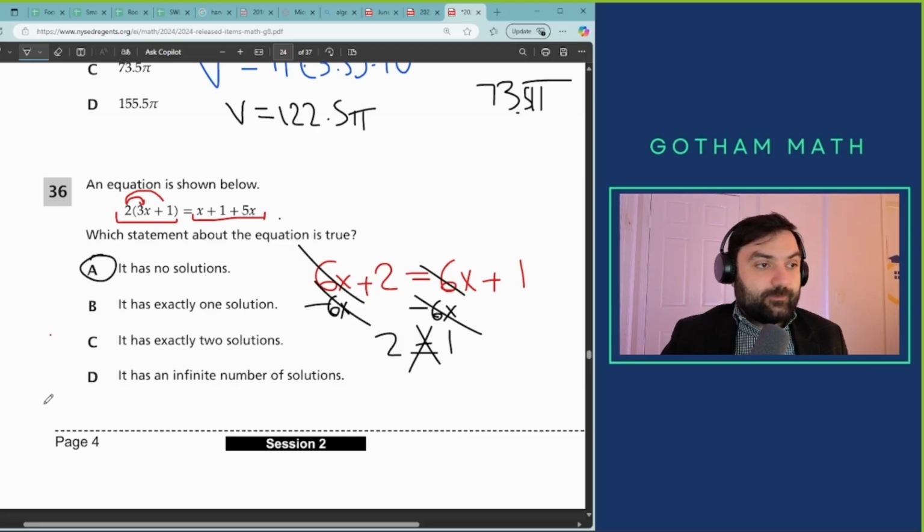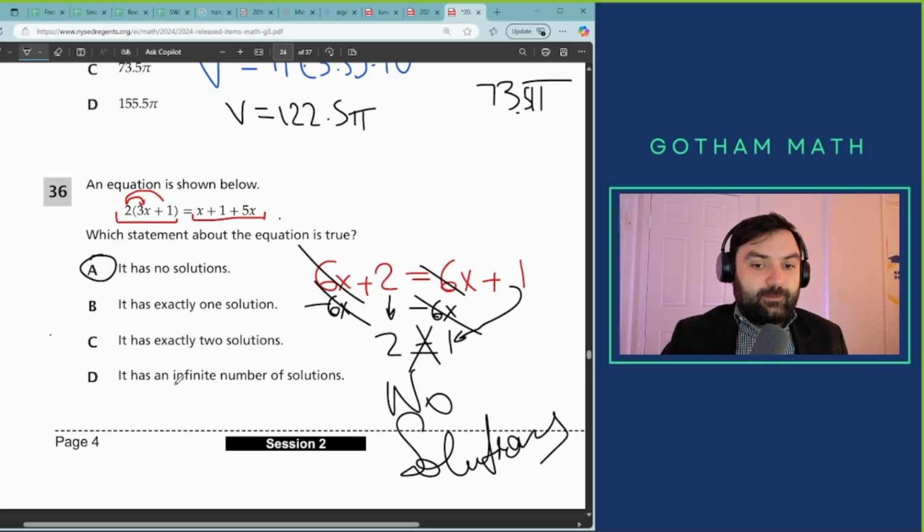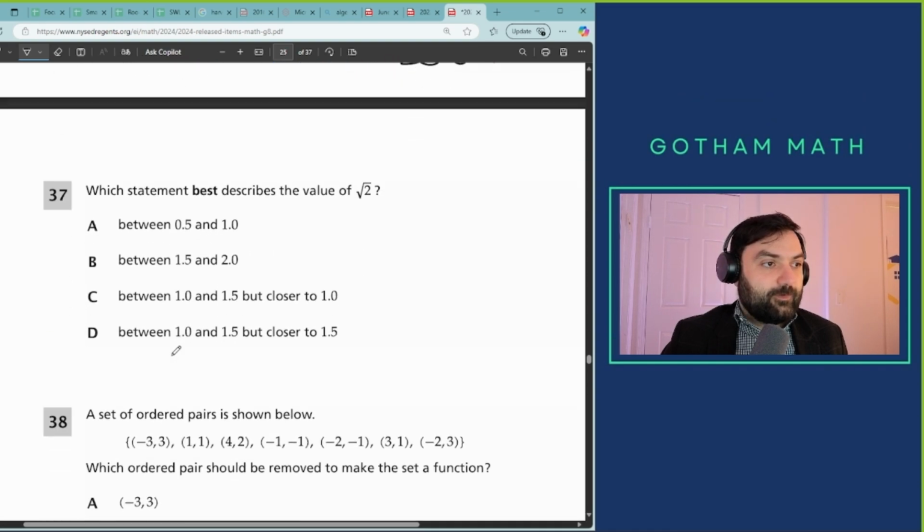That's pretty much it. If all variables go away but numbers stay, it's no solutions. All right. We're going further.